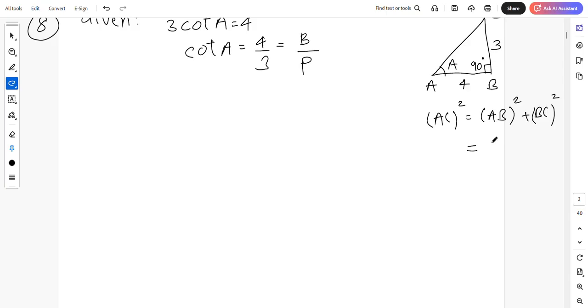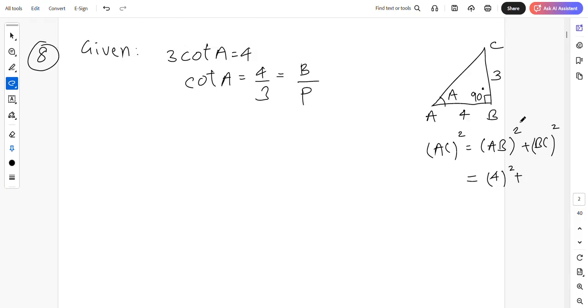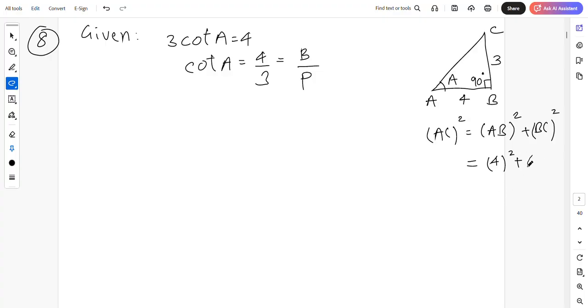AC square is equal to 4 squared plus 3 squared, which is 16 plus 9 is 25. This is a perfect square. AC is equal to 5. This is the hypotenuse.